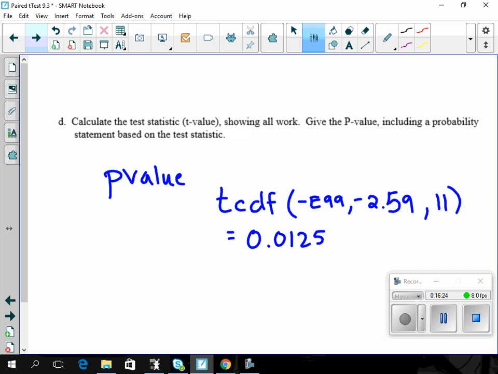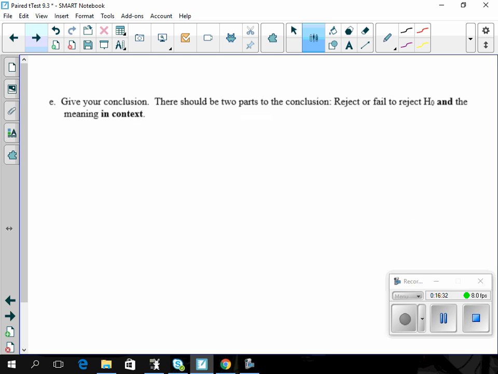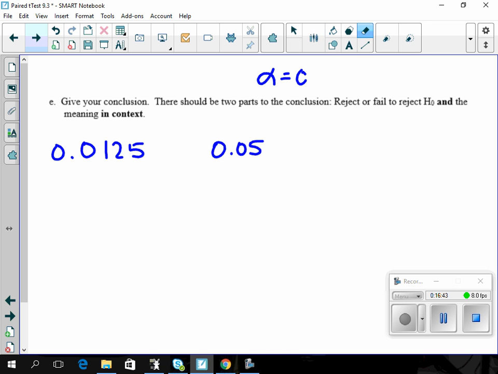So now we have to do our conclusion. It's 3 steps, right? A 3-step conclusion. So, what am I comparing it to? Our alpha, which we didn't really say. Did it say it somewhere? I'm not sure if it did. It's less than that. So I have to say the words either reject or fail to reject.